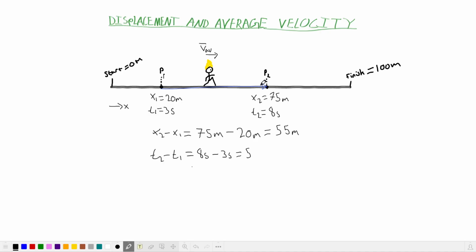So what's the magnitude now of this average velocity vector? Well, that's going to be the displacement divided by the time interval that it took him to run from P1 to P2.